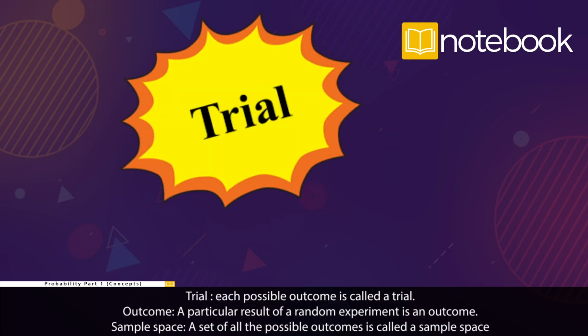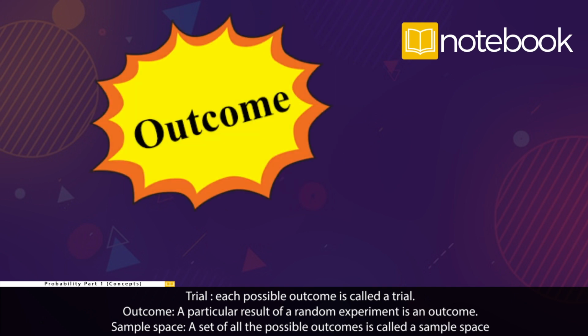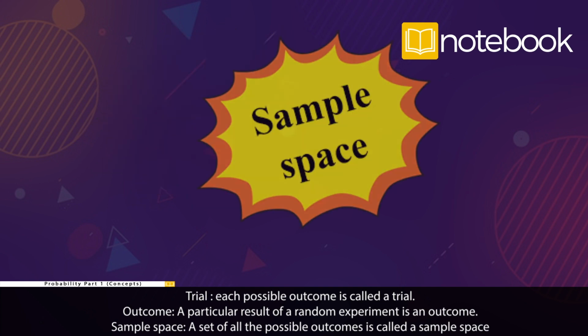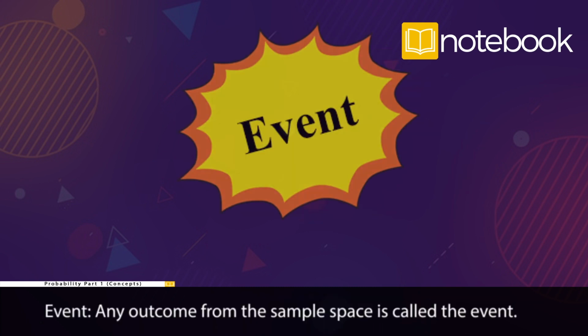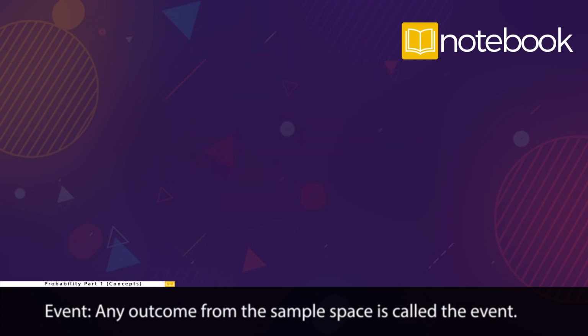Each possible outcome is called a trial. Outcome. A particular result of a random experiment is an outcome. Sample space. A set of all the possible outcomes is called a sample space. Event. Any outcome from the sample space is called the event.